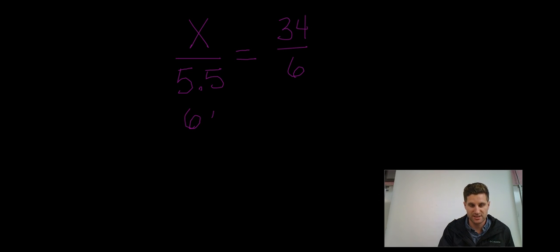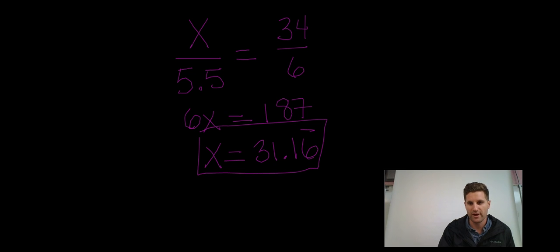So we're going to get 6x equals 34 multiplied by 5.5, I'm just using my calculator here, and so we get 187, and then we're going to divide by 6, which is going to give us a decimal. So the height of our rock quarry is going to be about 31.16 repeating.